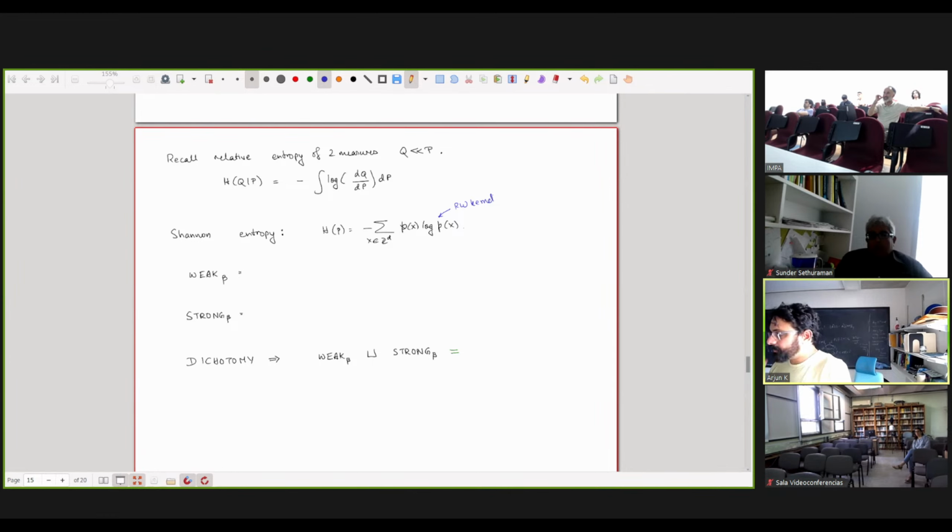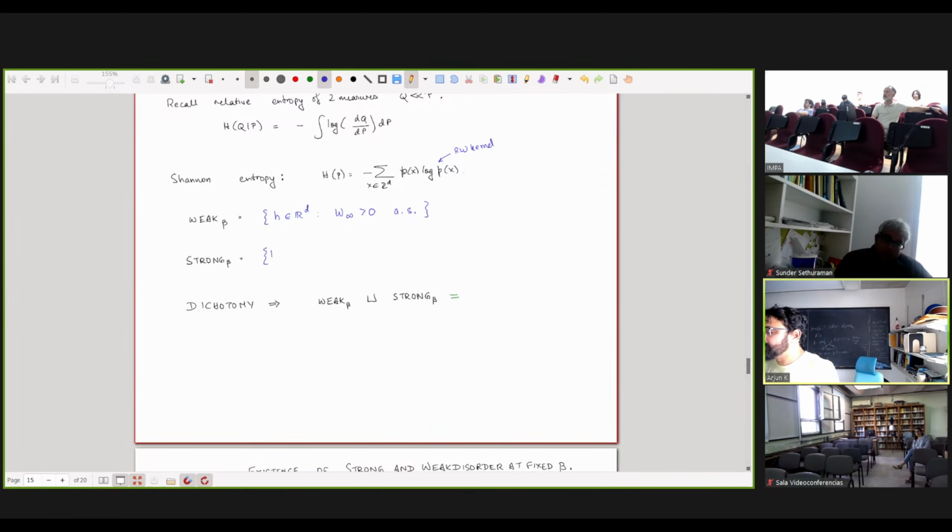Because of the Bolthausen-style dichotomy, I'll define the set of fields in R^d such that W infinity is bigger than 0 almost surely. This is now the weak disorder region, but in h. And similarly, I can define a strong disorder region in h. And it's clear that the dichotomy says these two sets are disjoint, and in fact, they form a partition.